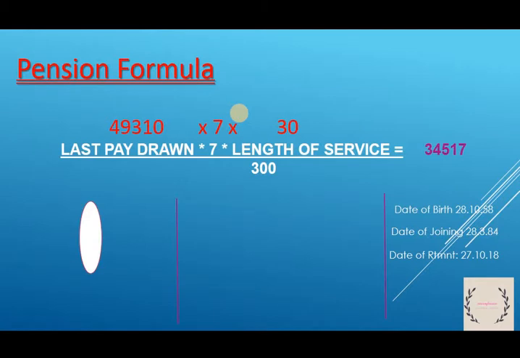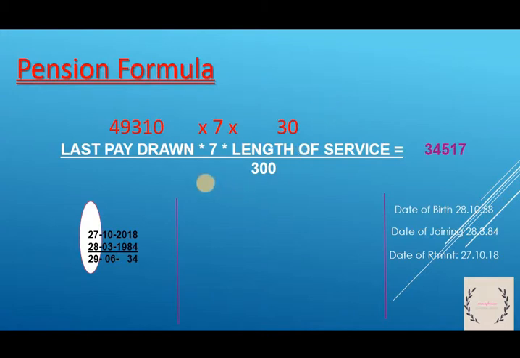So the basic pay of this individual in basic pay scale 16 is 49,310 times 7 times 30. But remember, the total length of this individual is 34 years, 6 months and 29 days, but we have brought here 30 days. It's because, according to the rules, not more than 30 years is allowed.